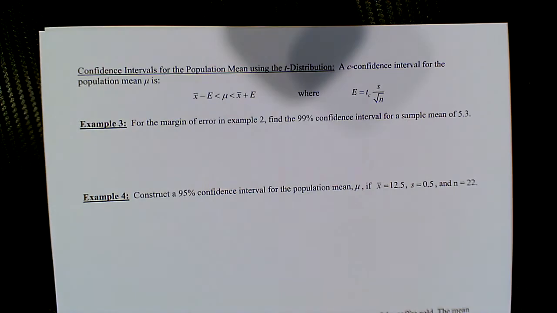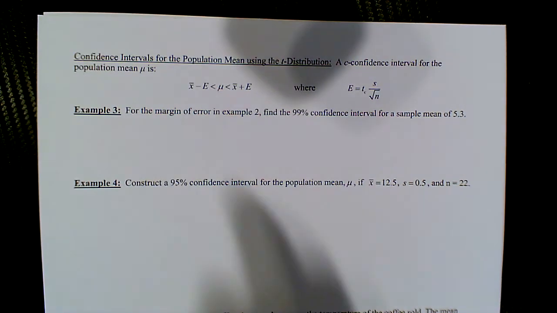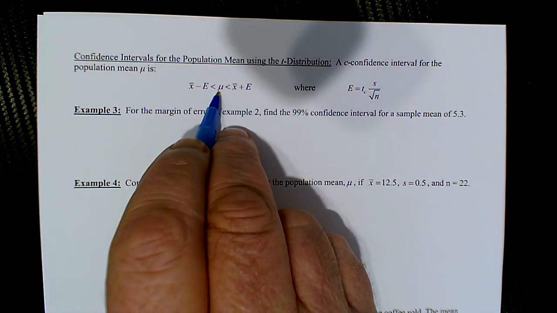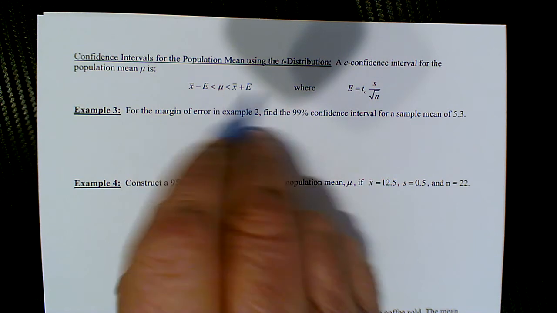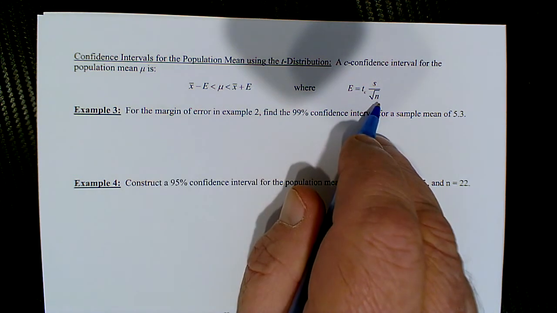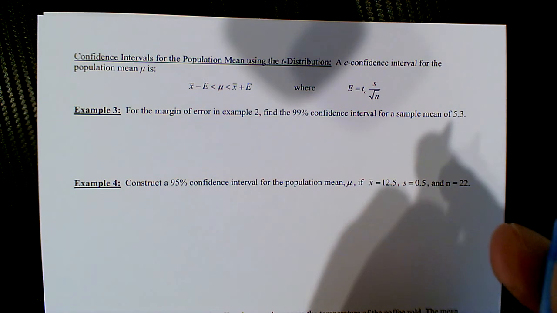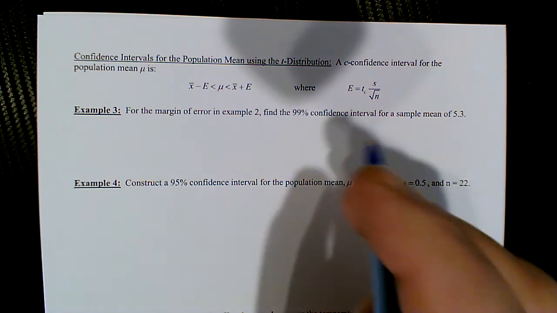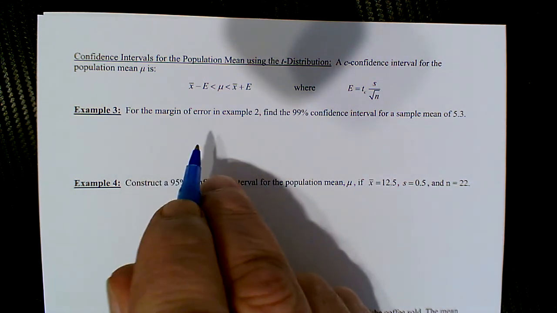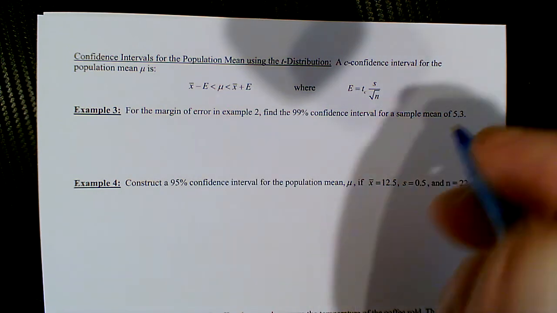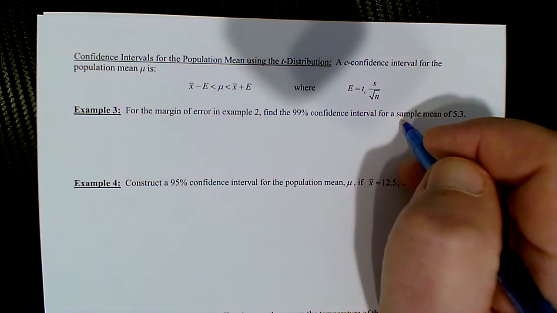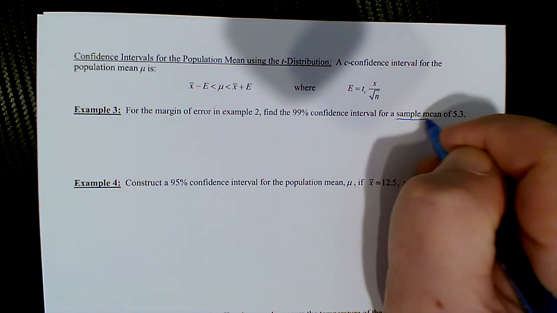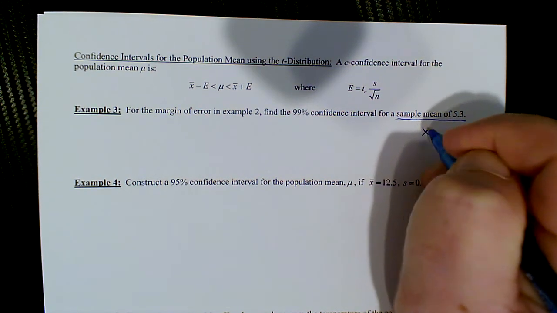So on the next page we mention the confidence interval formula. As we know, subtract E from the sample mean X bar to get the left endpoint, add E to the sample mean X bar to get the right endpoint. We're trying to estimate mu, the population mean. There's the formula for E using the T distribution, again reiterated. So here it says for the situation in the last example, find the 99% confidence interval when the sample mean is 5.3.